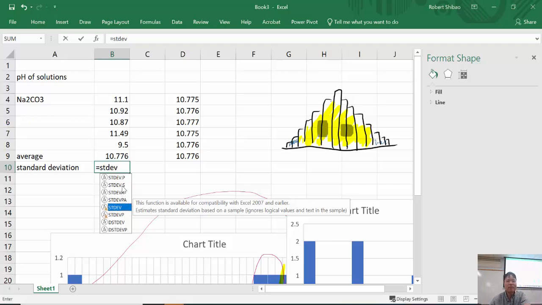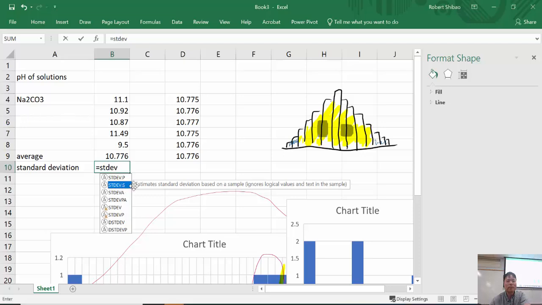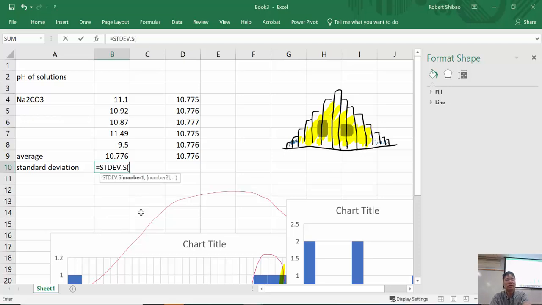So what we have is a limited sample, and so we pick standard deviation.s here, like this, and then I'm going to take the standard deviation of our data right here, and then close that. All right, and that gives us our standard deviation.